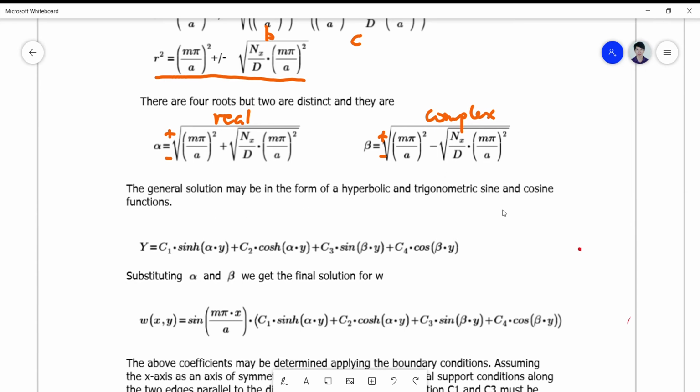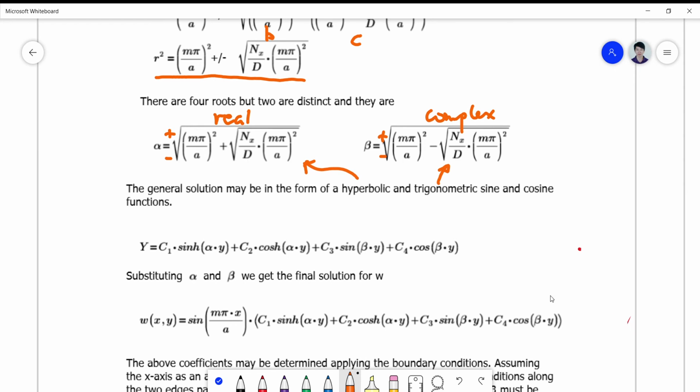And here I will get a trigonometric or an exponential also, no? Remember that the trigonometric part will capture the complex root, and the hyperbolic part will capture the real root.